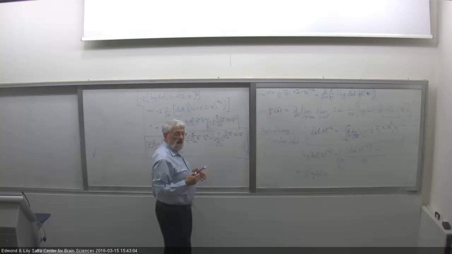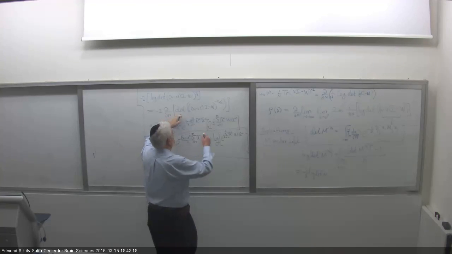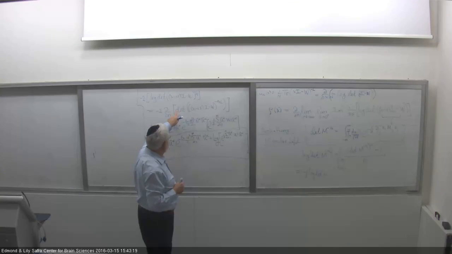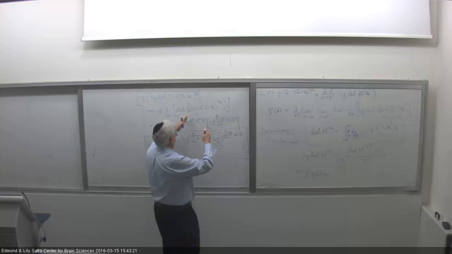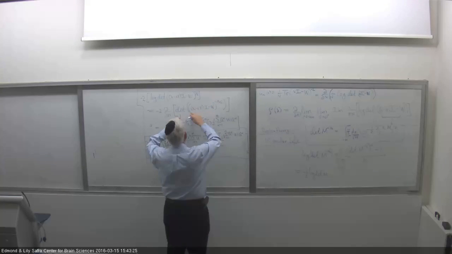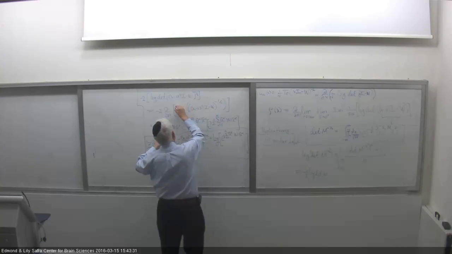So the power little n is over the determinant. What is little n? No, the matrix to the power minus n. No, you're right, I'm sorry. Yes, the determinant, minus 1/2.